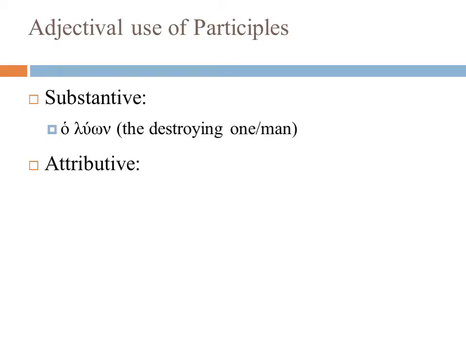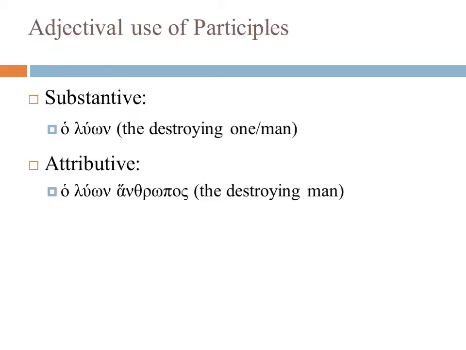The second one is attributive. This is attributive form that we remember with adjectives, and they're functioning as true adjectives, the way that we think of adjectives functioning in English. So haluon anthropos, it means the same thing as a substantive, except it's an attributive position, which is it has an article in front of it, so it's between the article and the noun, the destroying man.